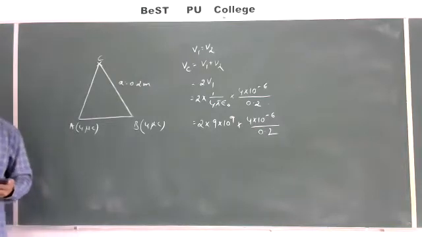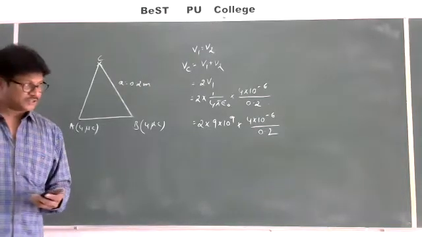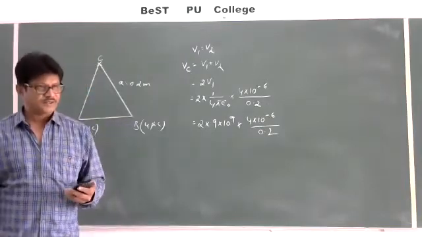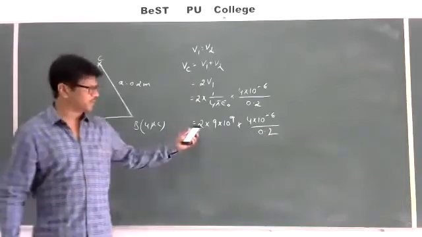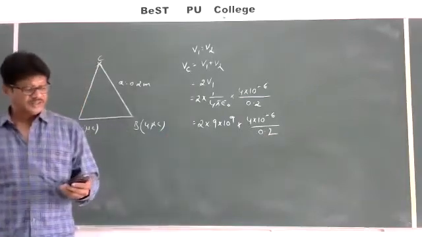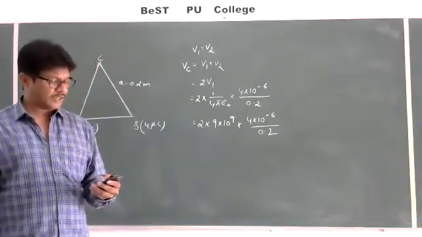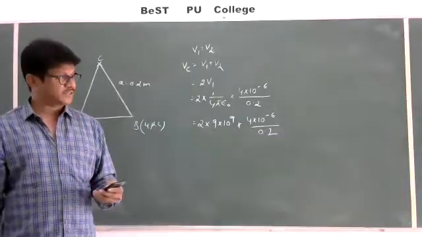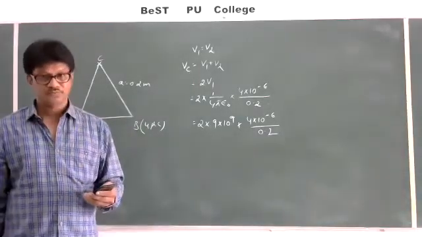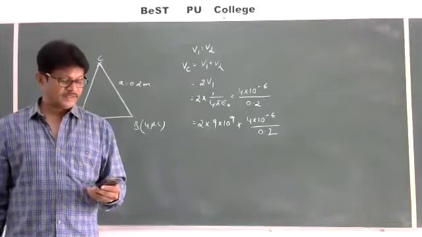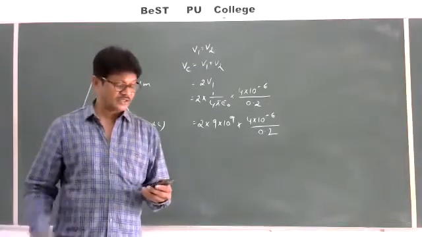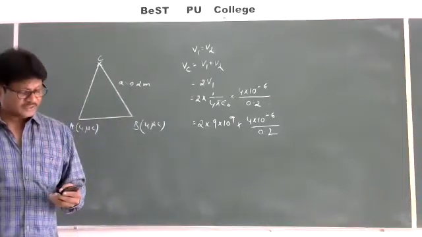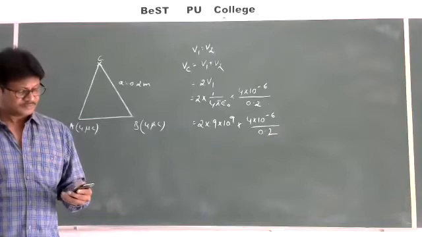Next problem. Two electric charges, 12 microcoulomb and minus 6 microcoulomb, are placed 20 centimeter apart in air.